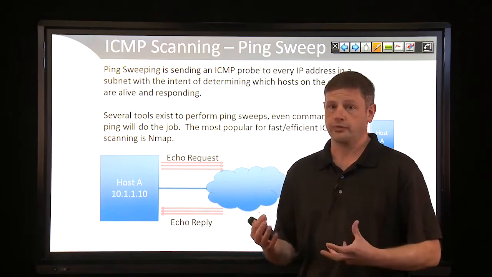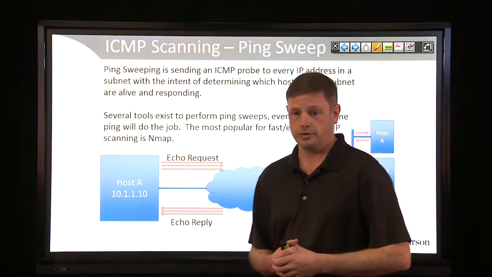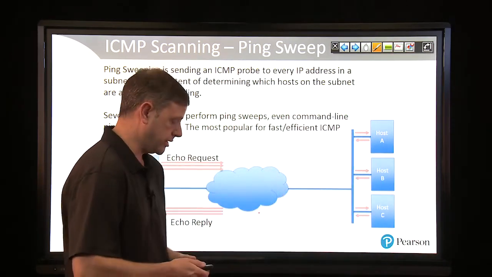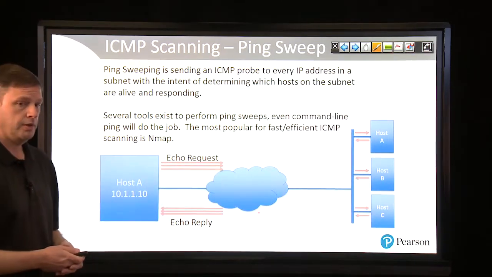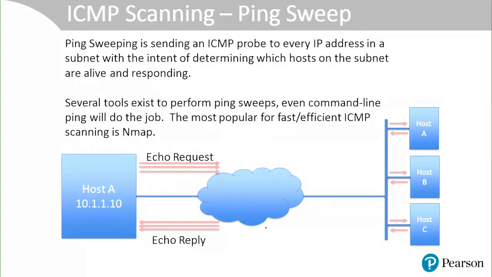There are several tools out there that will do a ping sweep. Here in this pictorial example of a ping sweep, we have a host on the left, host A, that is sending out echo requests, and it's going to send an echo request or several to every available IP on the subnet and look for responses and gather those and display the output.